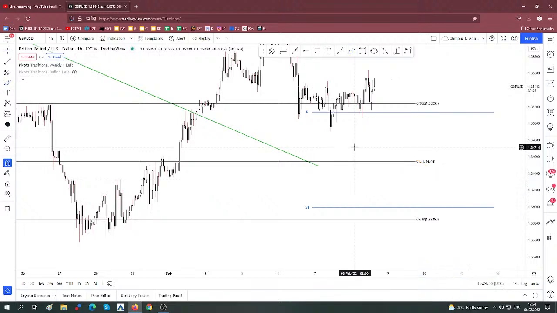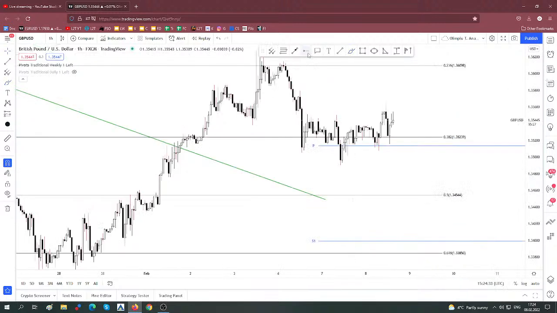Yeah, it has reached resistance only because, actually 1.3551. For me here in TradingView, I want to long or short. So I don't understand.